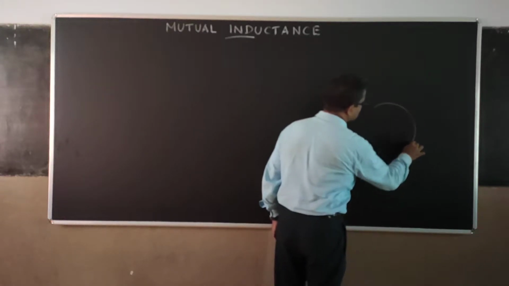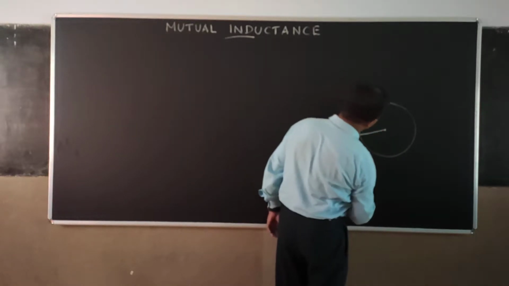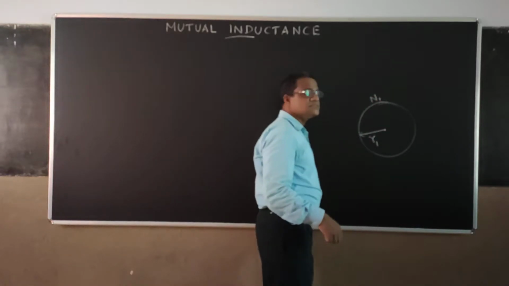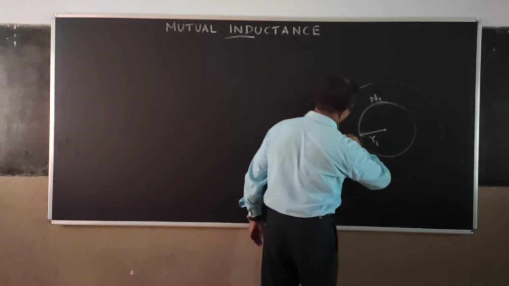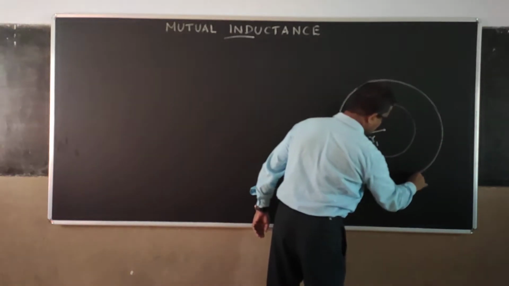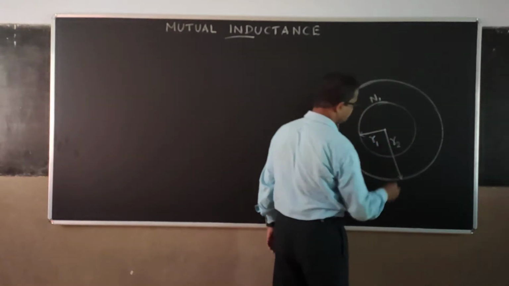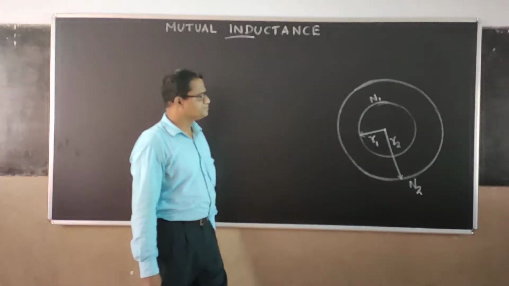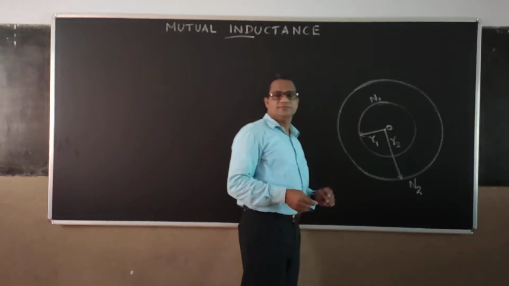So let us consider a circular coil of radius R1 with N1 turns and another circular coil of radius R2 with N2 number of turns. They are kept concentric and coplanar as shown in the figure.